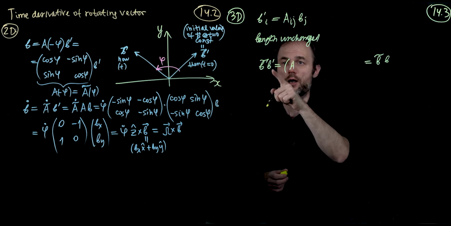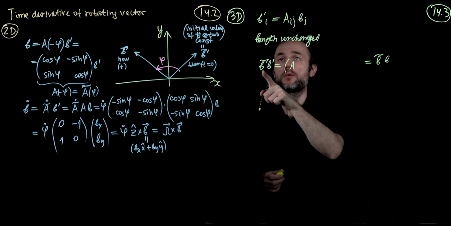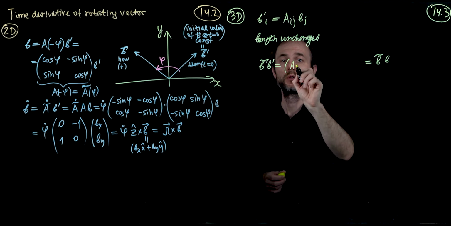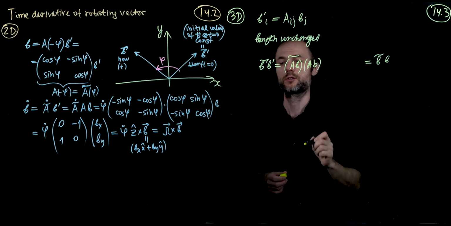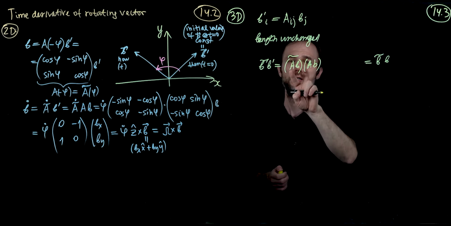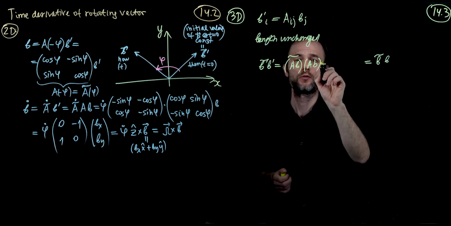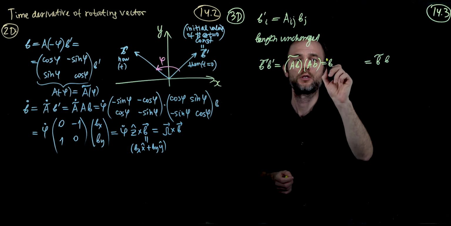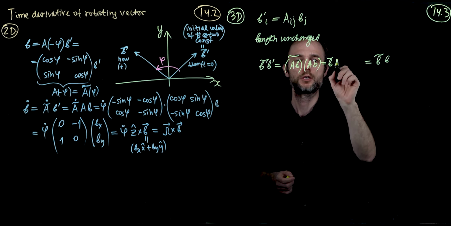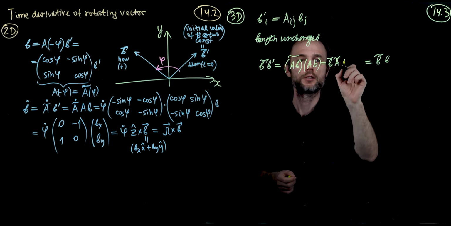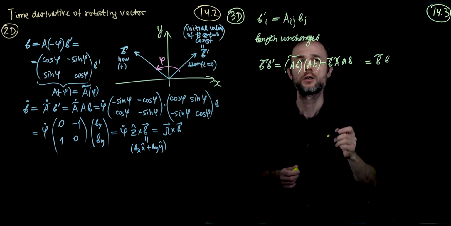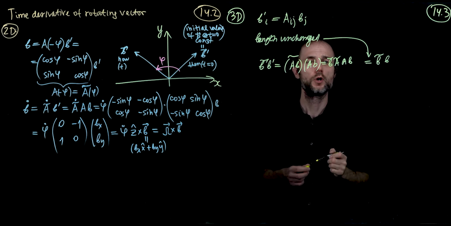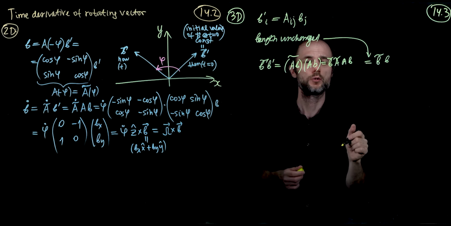So because b prime is this, we will be able to write this as such, and a transpose of a product will be b transpose times a transpose times a times b, and this is the requirement, that this is equal to that.